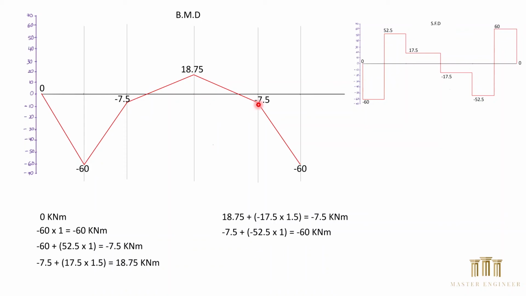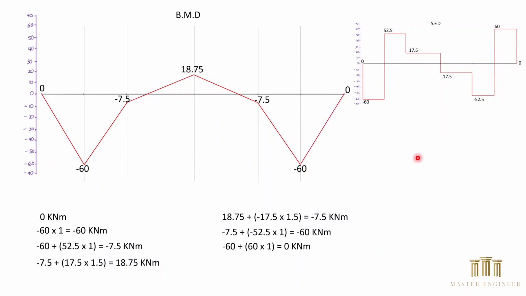Next, from this point, we come across the negative 52.5 multiplied by the distance, which is 1 meter. So from minus 7.5, and we have minus 52.5 multiplied by the distance equal minus 60 kilonewton meter. So from negative 7.5 all the way down to negative 60.